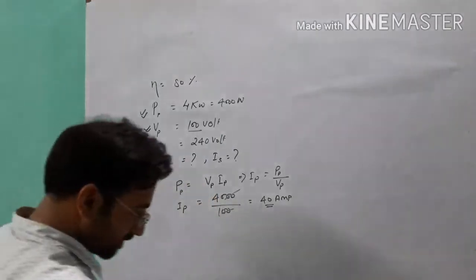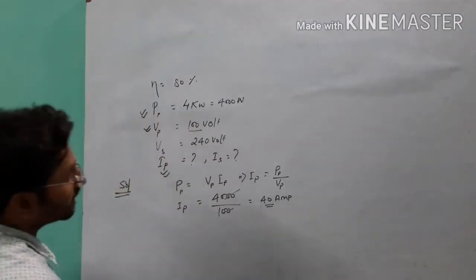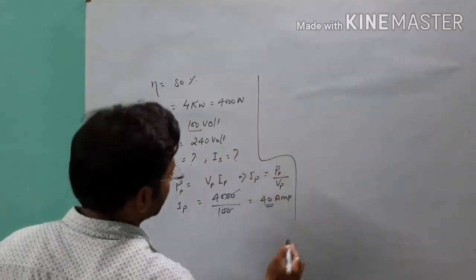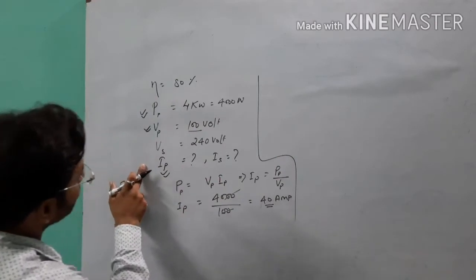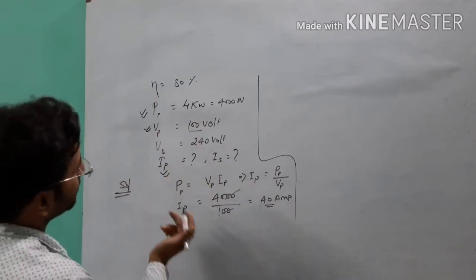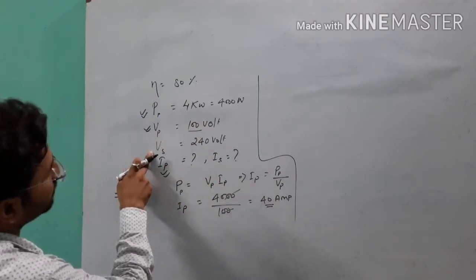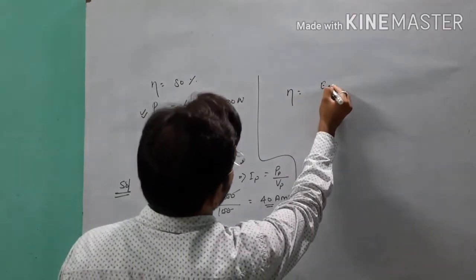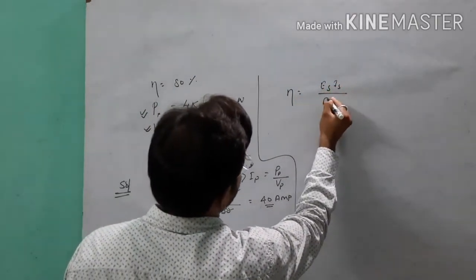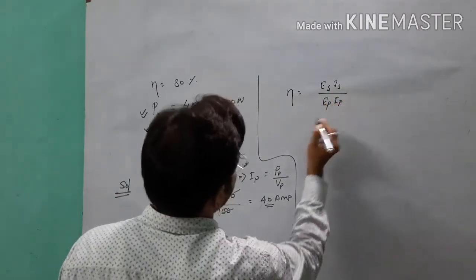Now let us try for the second. In case of the second, you will solve this with the help of the efficiency formula, we have no other option. Vs we have given, Ps we have not, so I will use this formula: Es Is over Ep Ip.